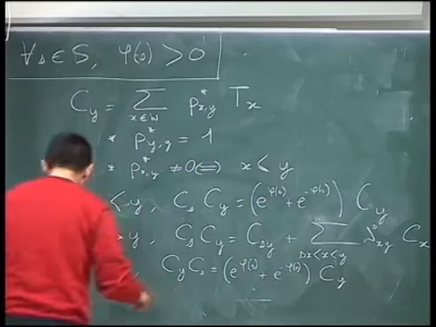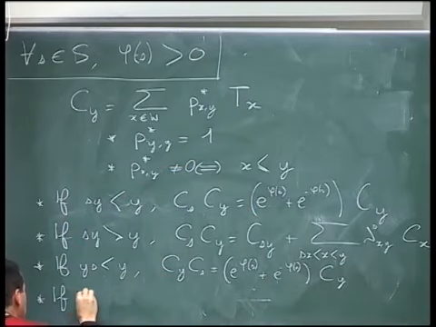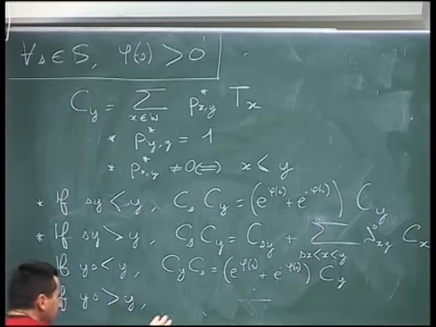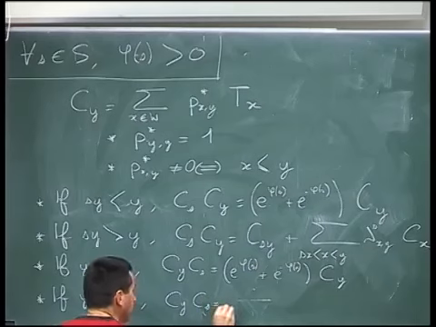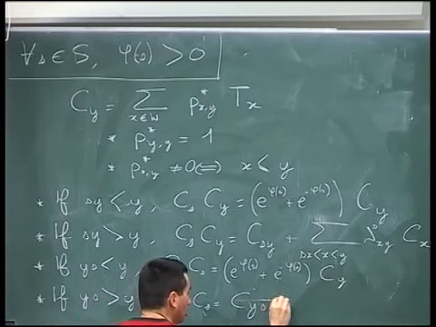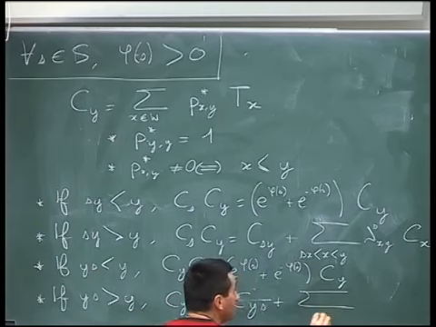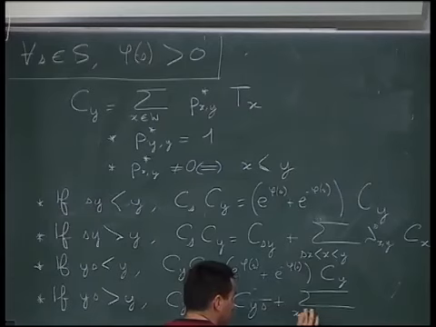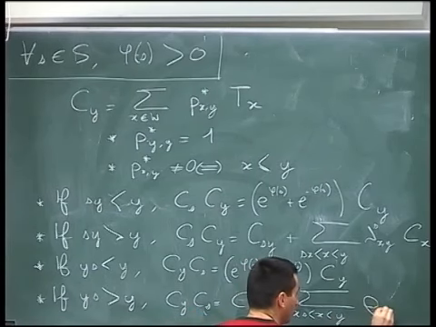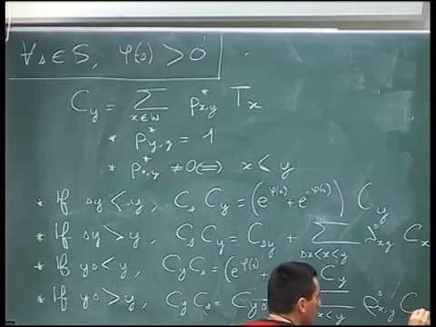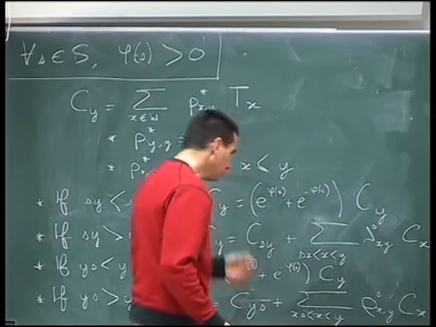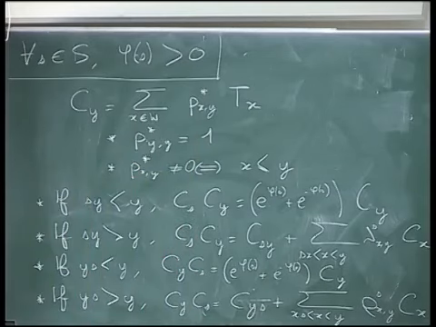And if ys is greater than y, then C_y C_s is equal to C_ys plus a sum involving only elements satisfying this property. Okay. Well, so that's almost what we have seen quite quickly yesterday.